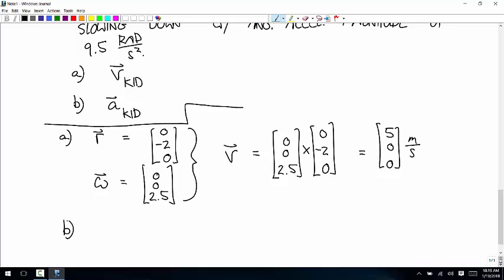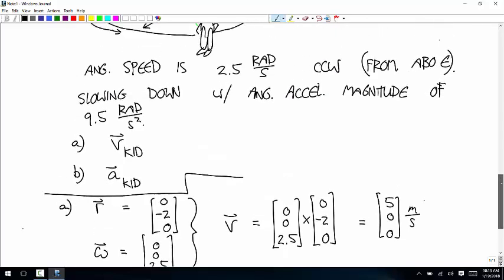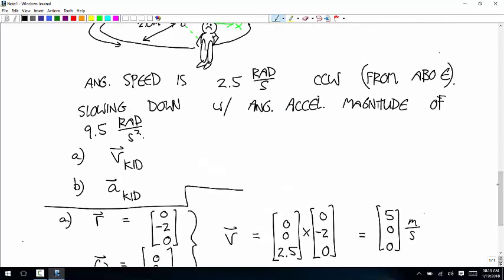And then for the acceleration, r is still the same, omega is still the same. We have to figure out alpha. We know the magnitude of alpha, and we know this is circular motion, so alpha has to be either in the positive or negative z. So how do we know whether the angular acceleration is in the positive or negative z direction?